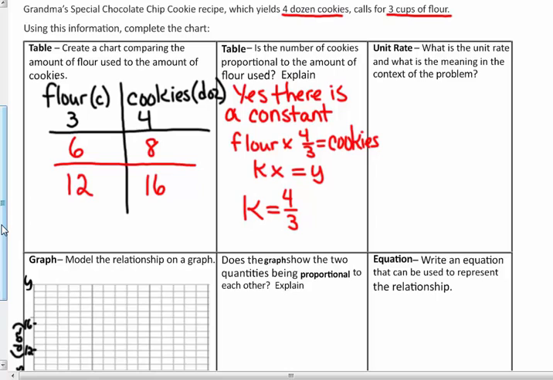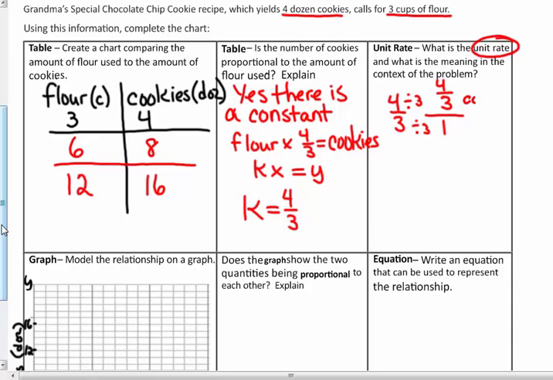What is the unit rate and what is the meaning in the context of this problem? Well, I know that my y divided by my x is 4 divided by 3. What does it mean as a unit rate? Well, that's not a 1 on the bottom. If I wanted to know what it is for 1 cup of flour, I could get that if I divide both parts of this fraction by 3. I get that for every 4/3 dozen cookies, I need 1 cup of flour.